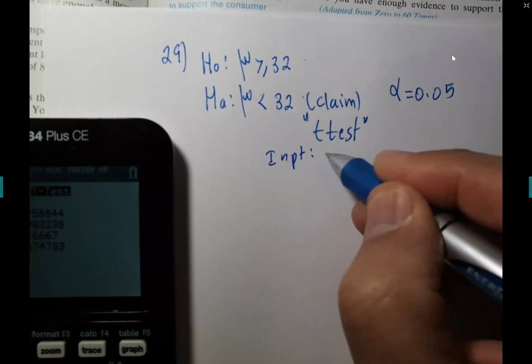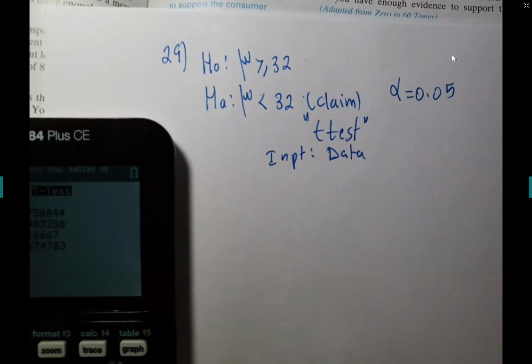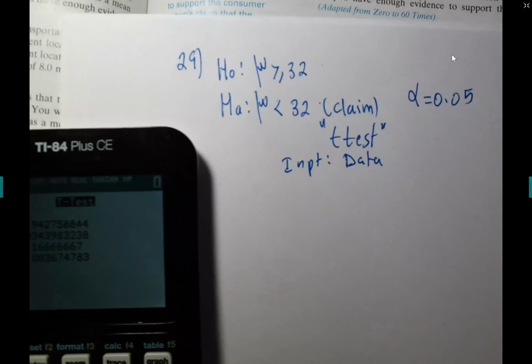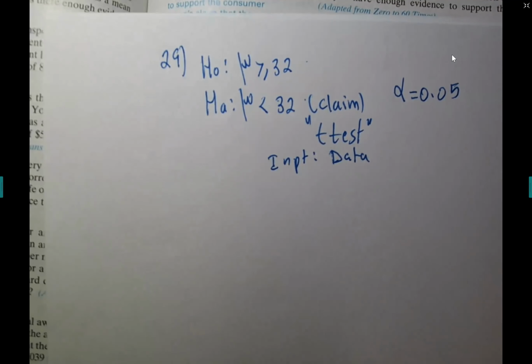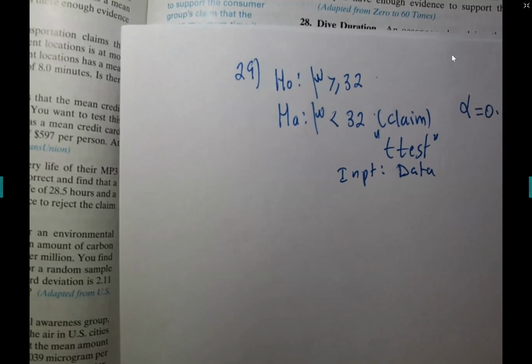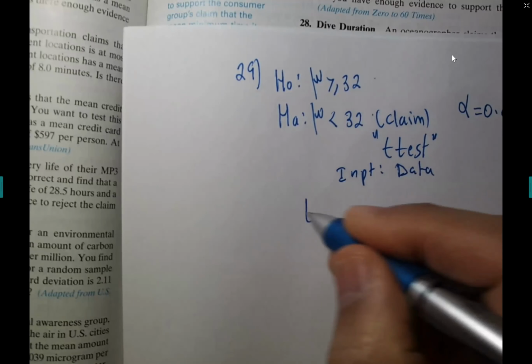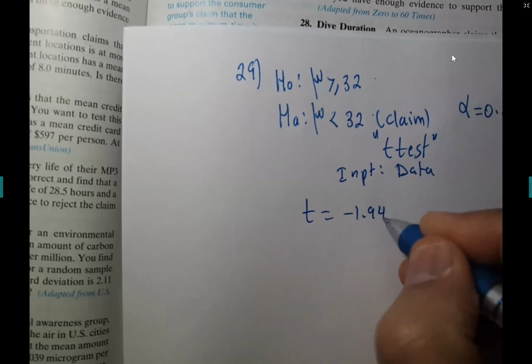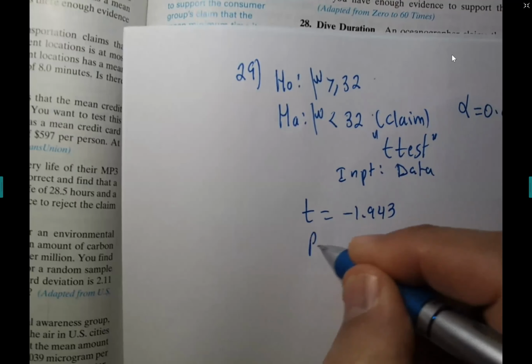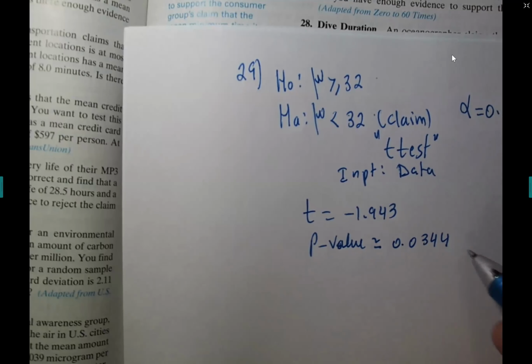I'm gonna just put it for you guys, data. And let me just write the conclusions that we have. So we got T is negative 1.943. P-value, just write it like that. P-value is approximately 0.0344.